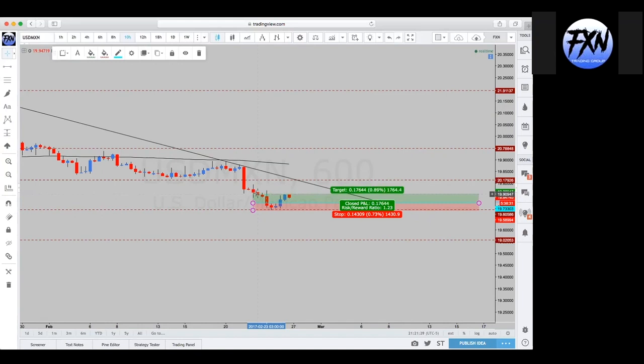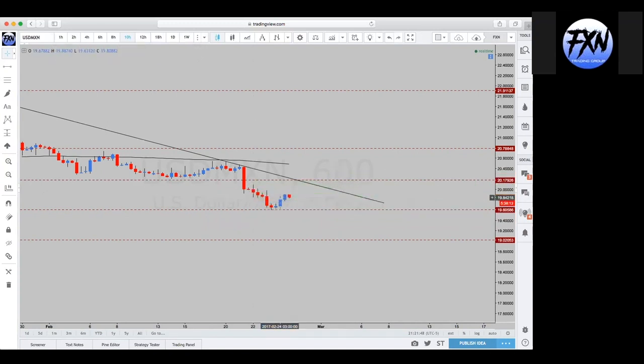And even if you would have taken it here, you would have gotten just a little bit over a 1-to-1 risk reward. Okay, but that would have been the better trade there, obviously.